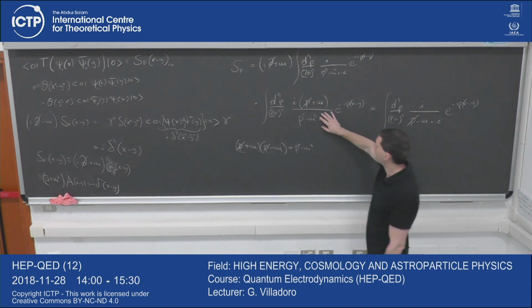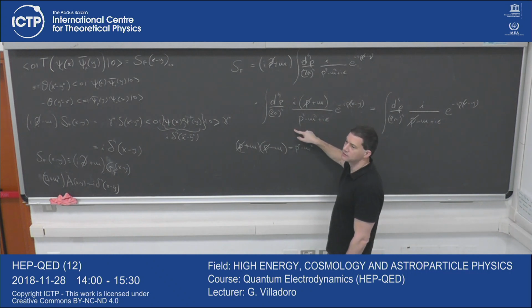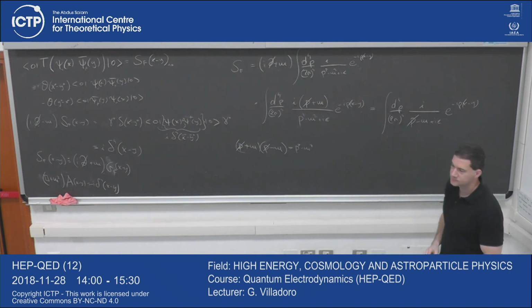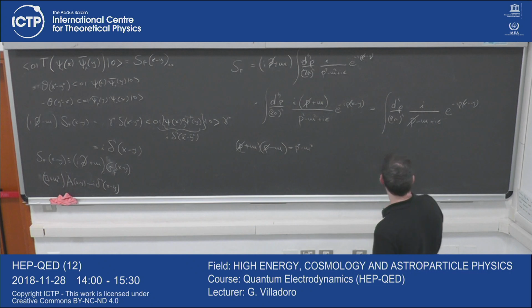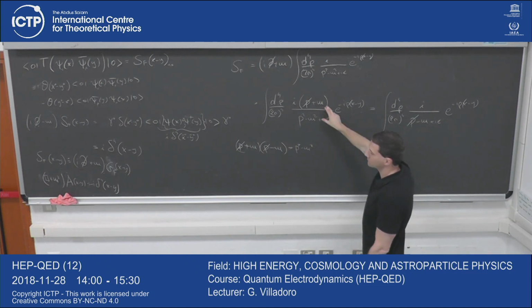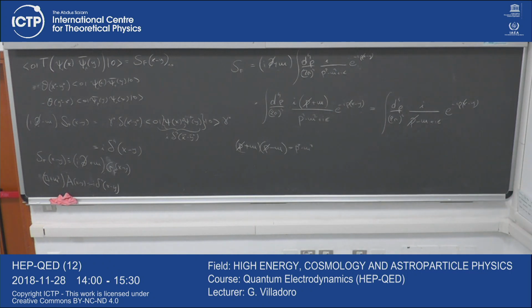If you want, you can remove i epsilon, define everything in terms of contours that avoid the poles, and then at the end you restore i epsilon. But at the end, this notation you can just see as a reminder of this. And here is the usual description.